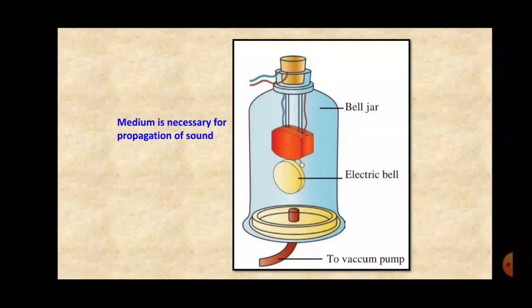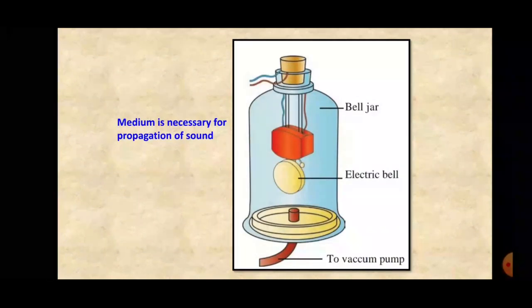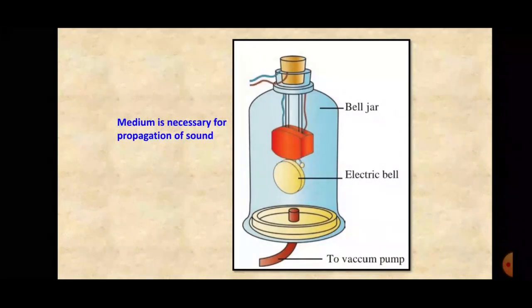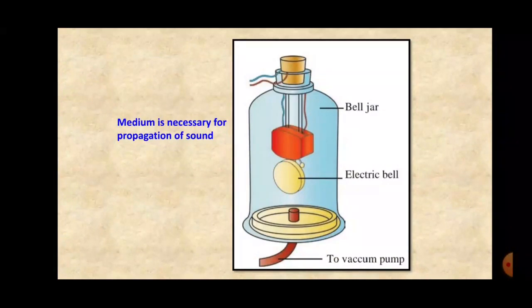Now, when the vacuum pump is off and we switch on the electric bell, it starts ringing, and we can hear the ringing of the bell outside the bell jar. Now we switch on the vacuum pump, and because of this the air inside the bell jar is removed, right?